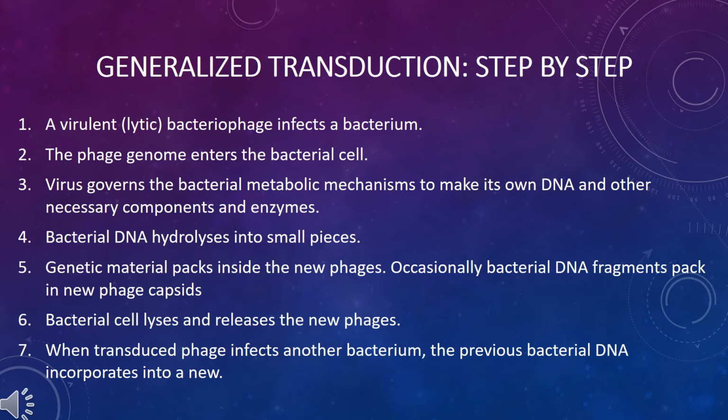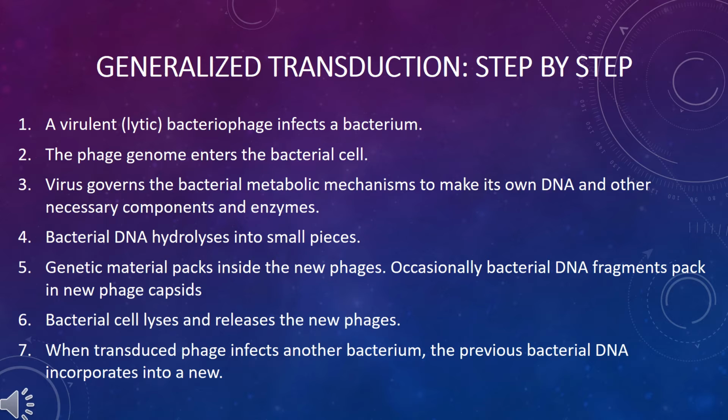This is a summary of what happens during generalized transduction. First, a virulent bacteriophage infects a bacterium. Then, the phage genome enters the bacterial cell. Next, the virus governs the bacterial metabolic mechanisms to make its own DNA and other necessary components and enzymes. And later on, bacterial DNA hydrolyzes into small pieces.